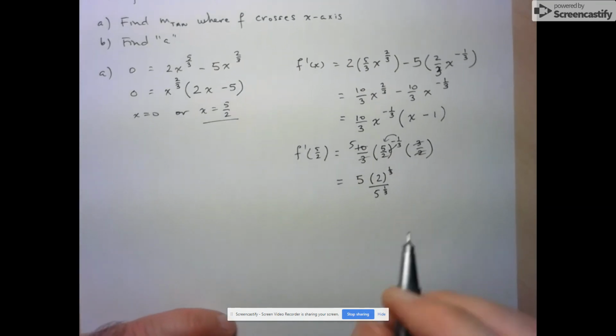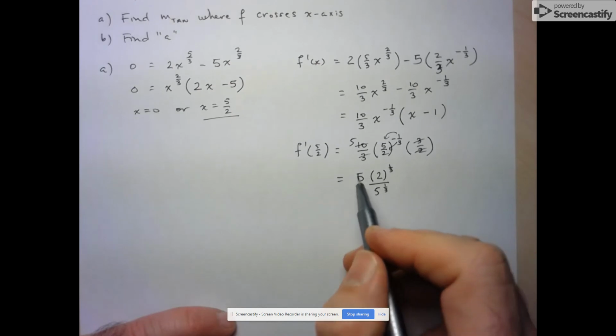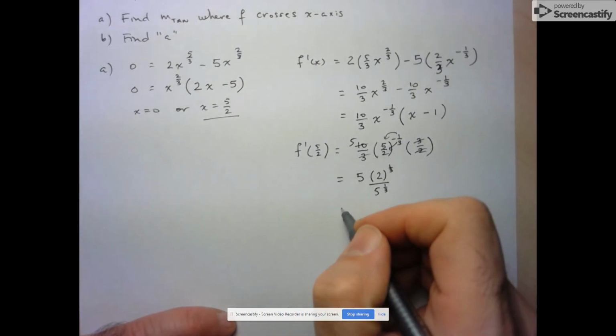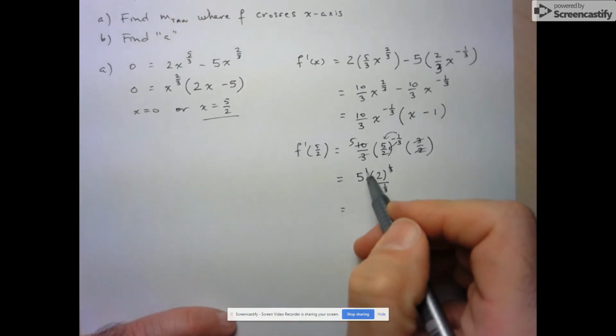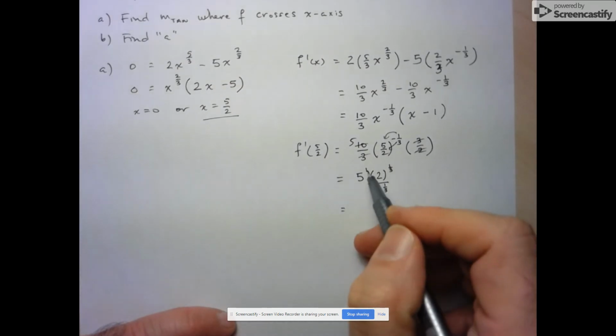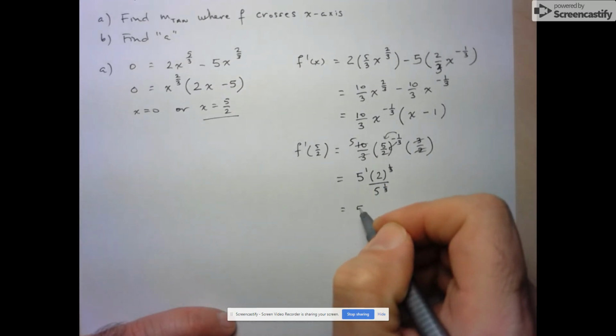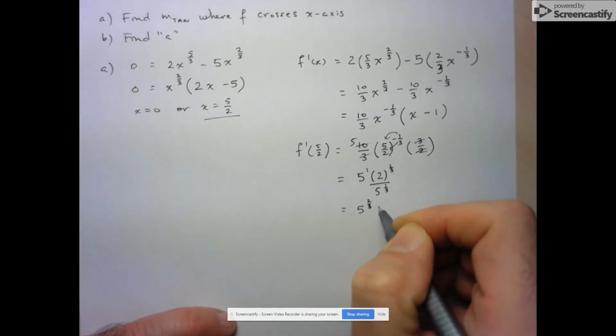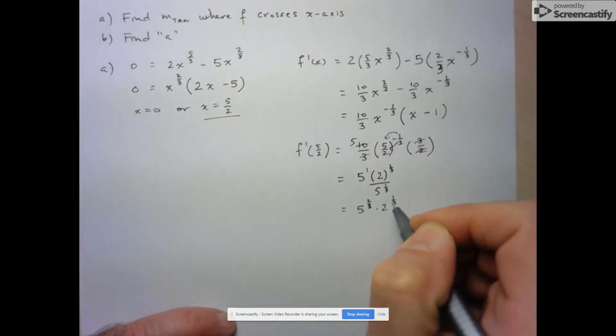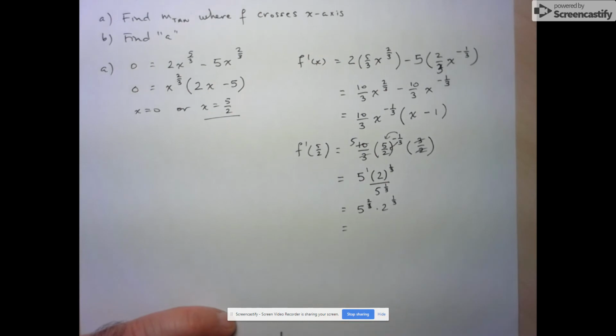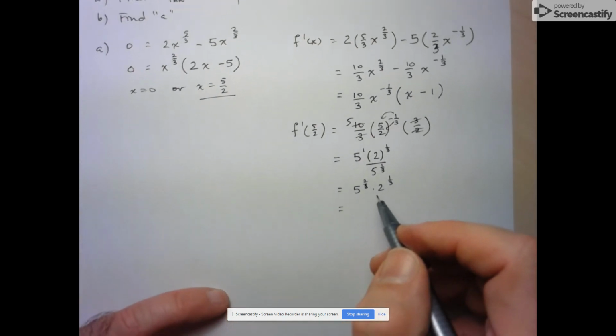All right, but here I can do a little bit of simplifying. This is 5 to the 1 divided by 5 to the 1/3, so 1 minus a third is 2/3. So 5 to the 2/3 times 2 to the 1/3. And hey, the 1/3 power, that's just a cube root.